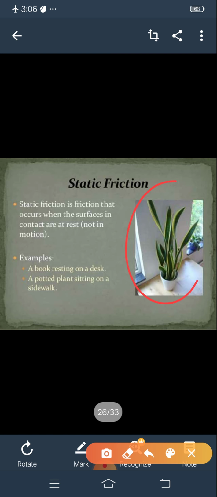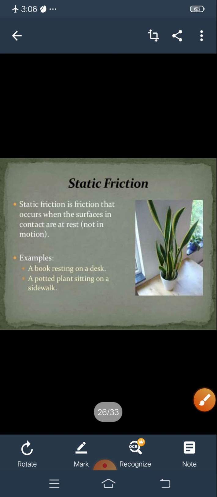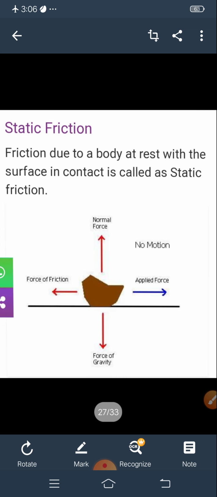Observe the pot. It is in rest position, but there is friction between the surface and the pot. So static friction means it is in rest position but friction is working.